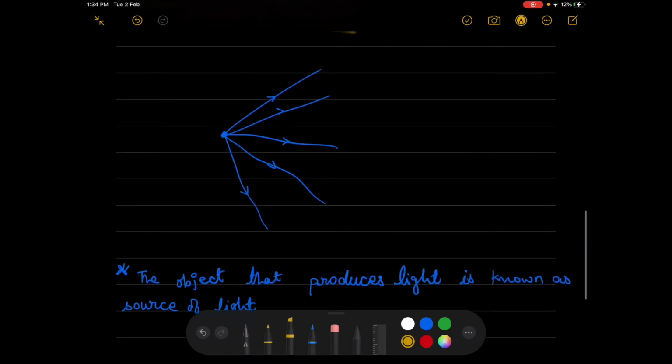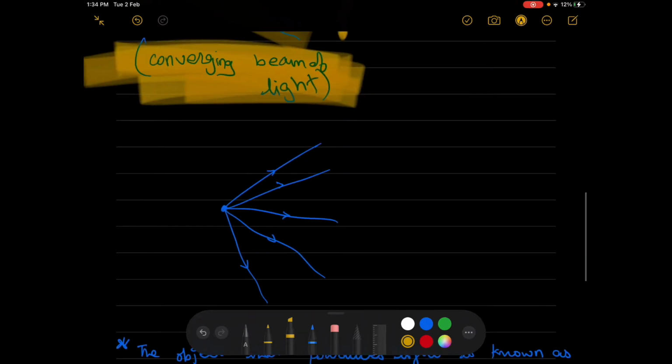Then I told you that it is very important to use the arrows, because only an arrow can identify whether a beam of light is converging or diverging, or whether it is coming from the source or going away from the source.